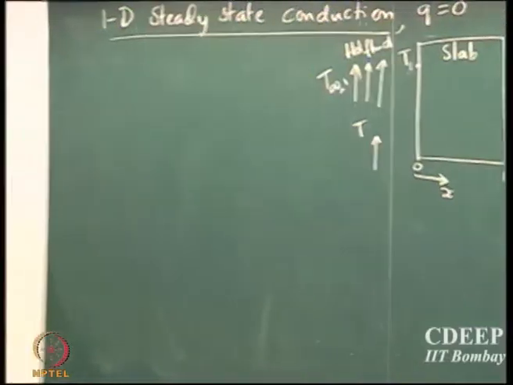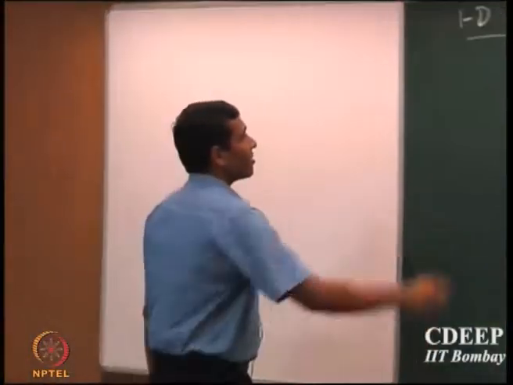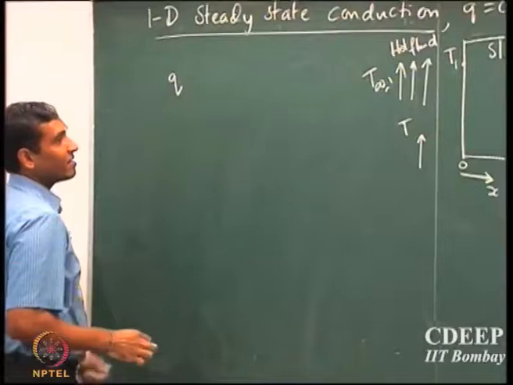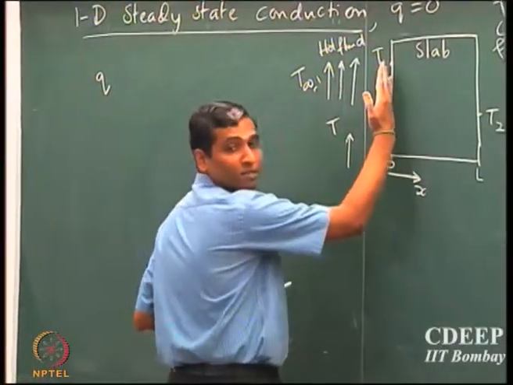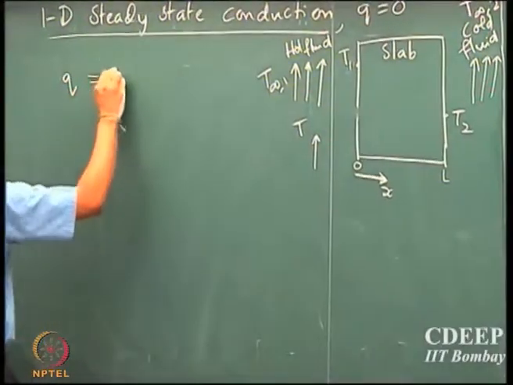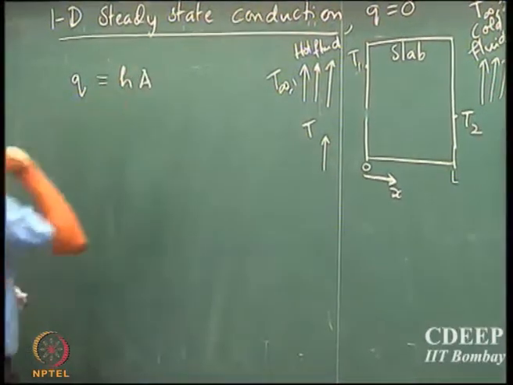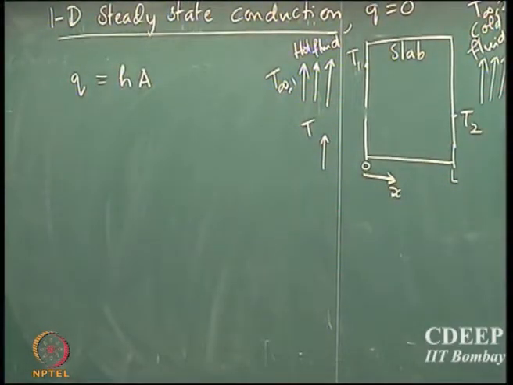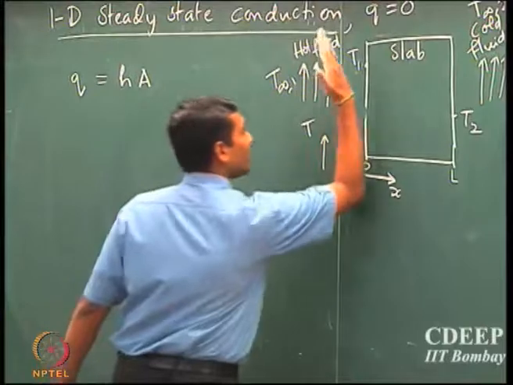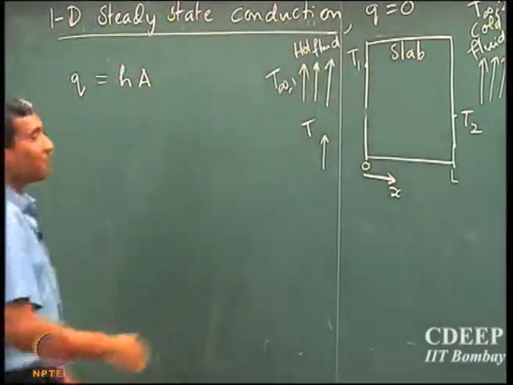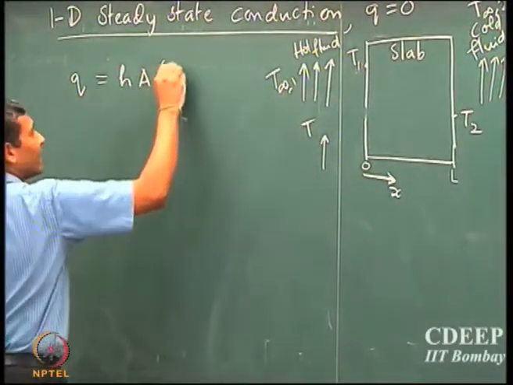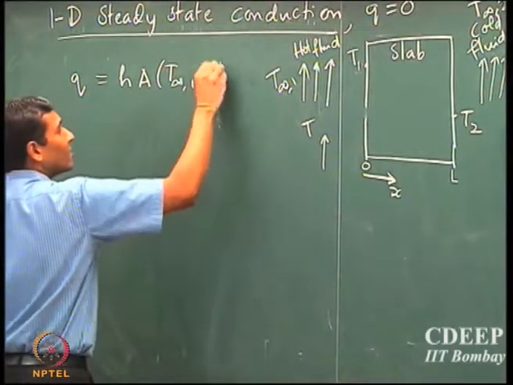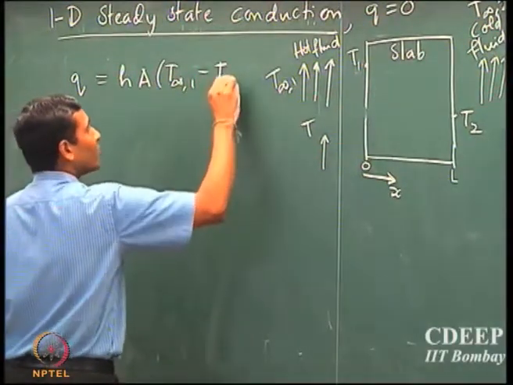It is described by Newton's law of cooling. So Q, which is the rate of heat transport at this location, is given by h into A, where h is the heat transport coefficient, multiplied by the cross sectional area which is outside the board, into T infinity 1 minus T at x equal to 0, which is T1.